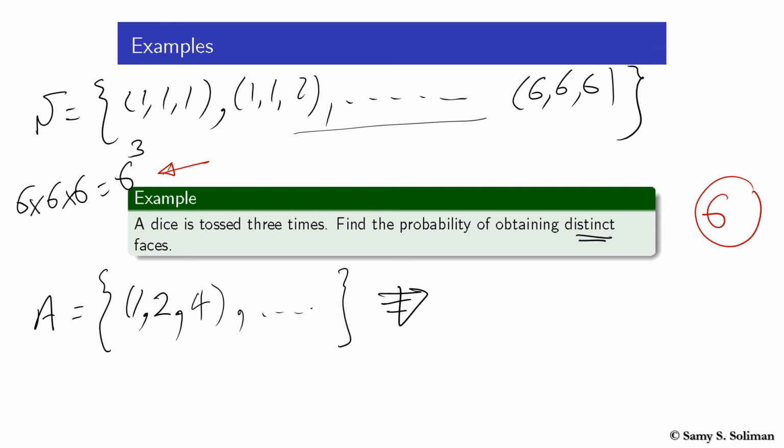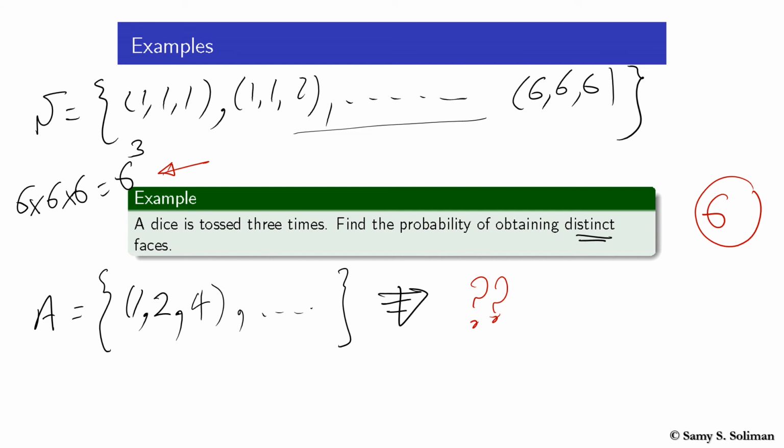So what do you think will be the number of possibilities of having distinct phases? And once we get that number, what will be the probability of such event?